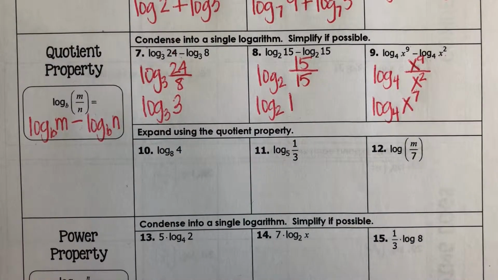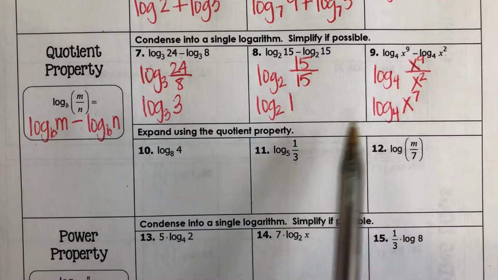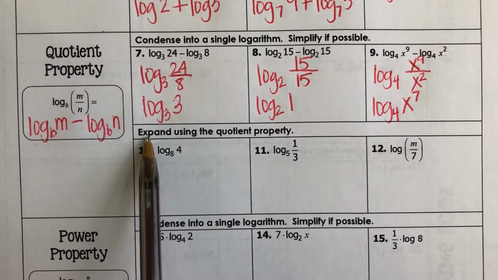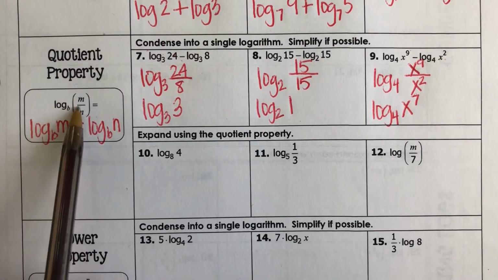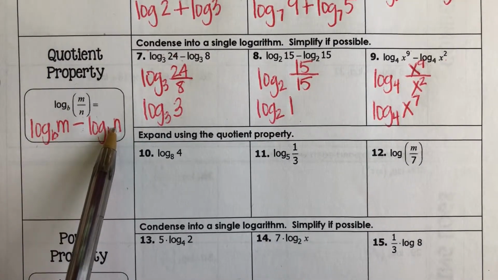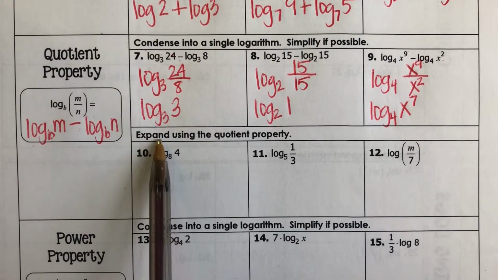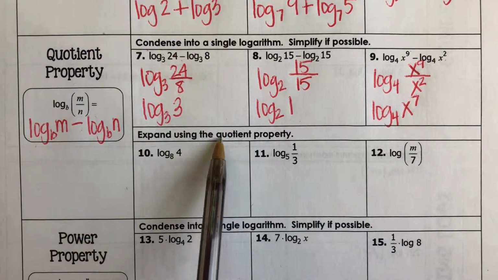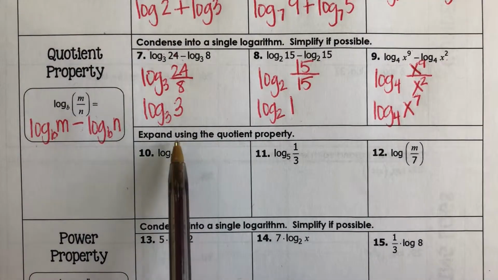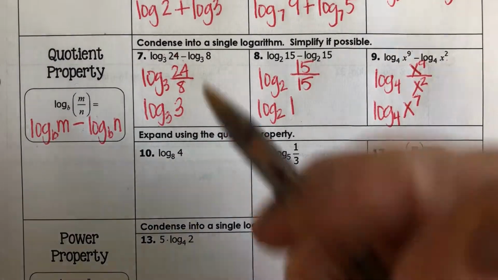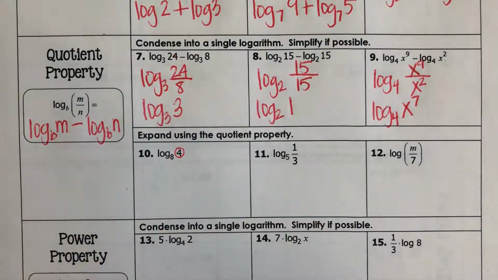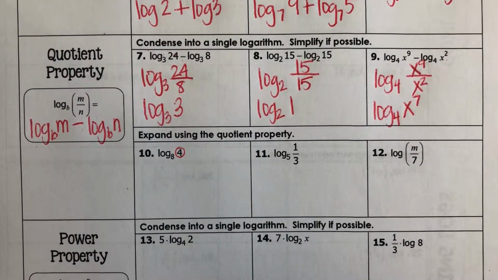Okay? All right. Now if I'm going the opposite way, if I'm expanding it, I want to go from this expression to this expression. Now this right here specifically says using the quotient property. So if I'm taking log base 8 of 4, I want to think of two numbers that if I divide them are going to give me 4.